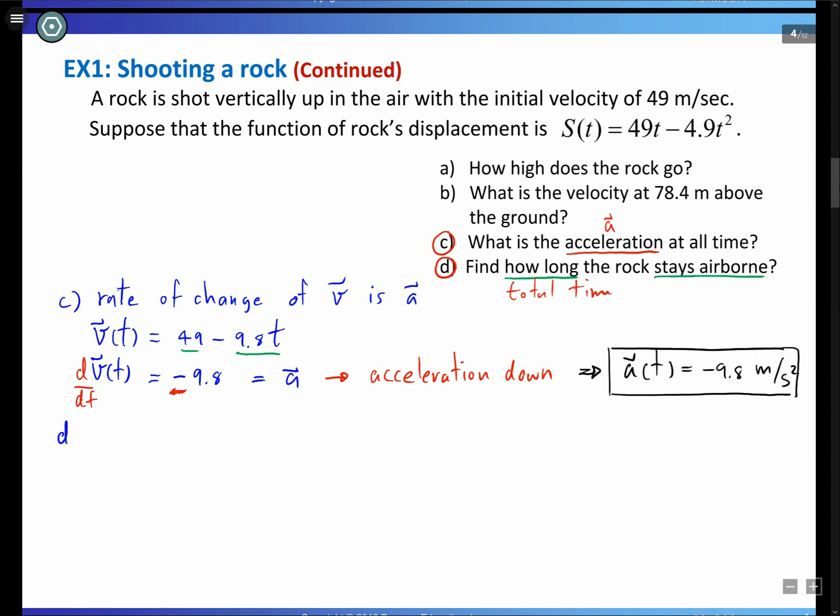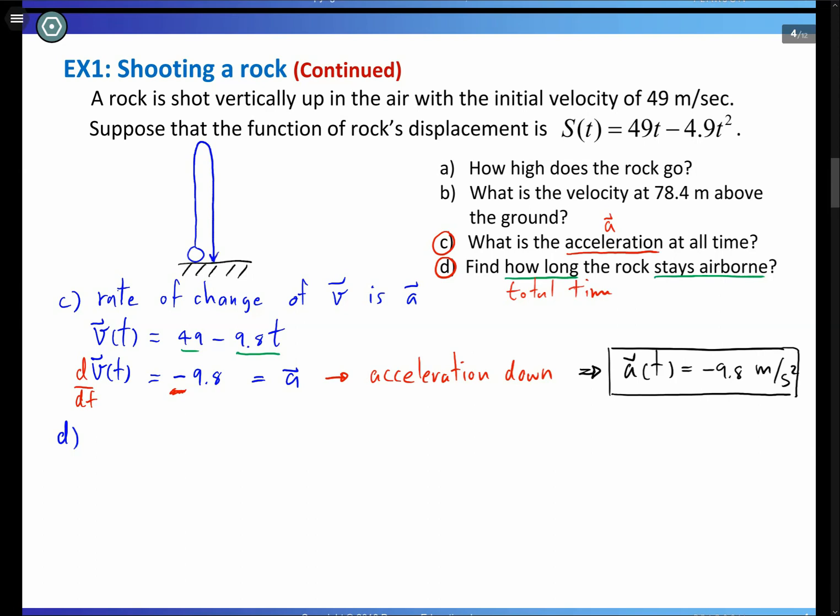But before that, let's have a diagram up here. So we have ground, and then we have a rock, and now we shoot it up, so it goes up. And it gets to the top and comes back down to be on the ground again. So this will happen.